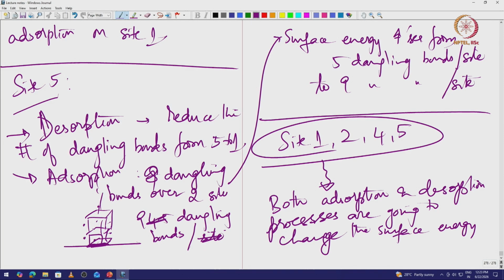So every time I am adsorbing or desorbing, I have some kind of a barrier or a valley. I have some kind of a barrier, because once I am adsorbing, if I am increasing the surface energy, I have to go up the barrier and come here.